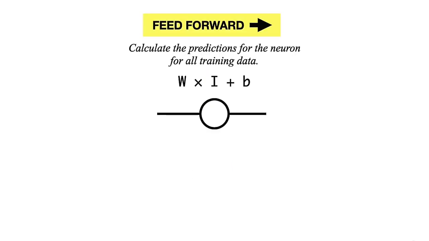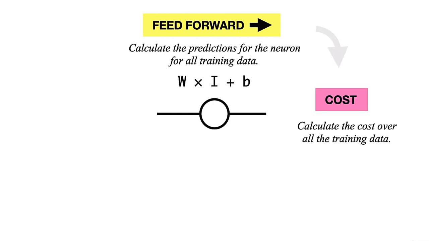Let me remind you where we are in the process. Making the predictions is called feed-forward. Notice the use of the capital letters W and I. Without diving too deep into the math, just accept that W and I are not single values anymore, but lists or matrices.